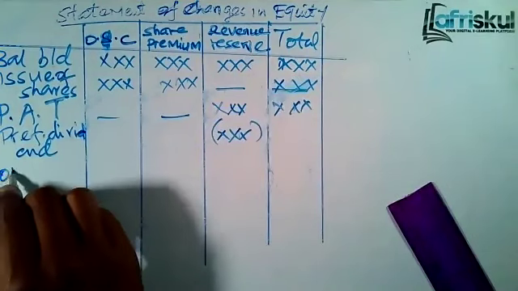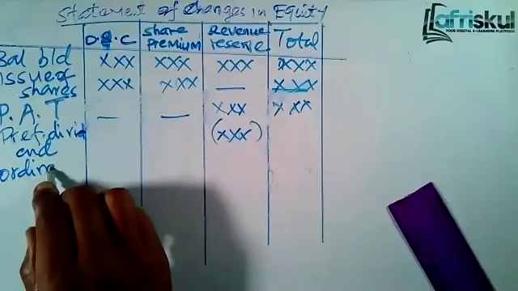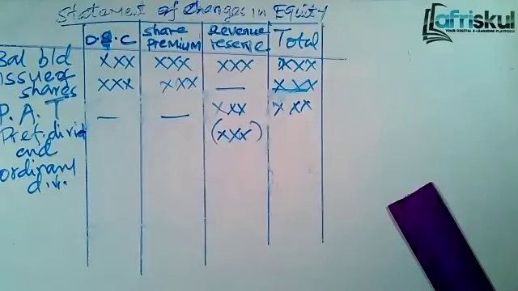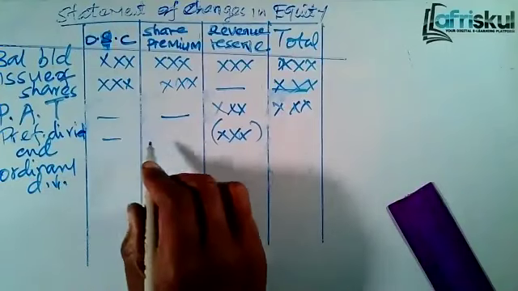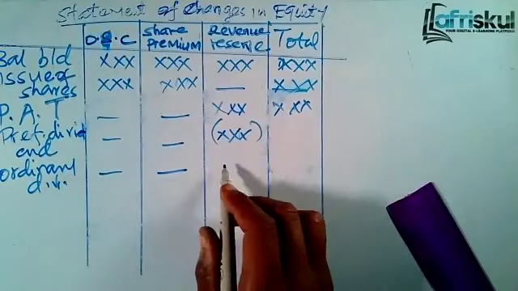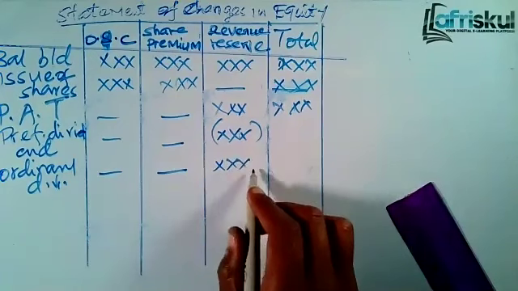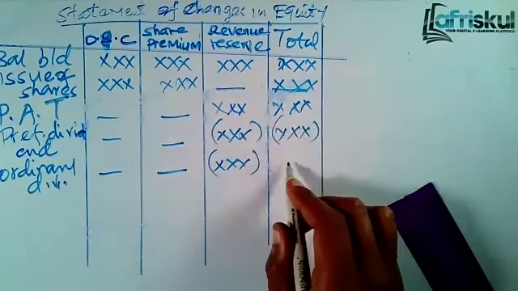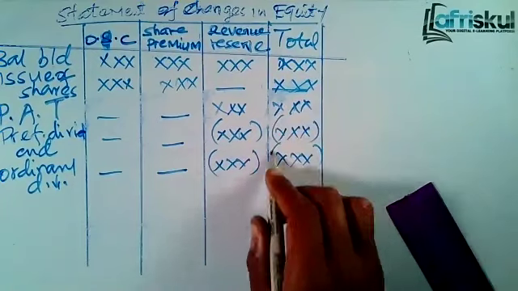The same case applies to the ordinary dividend. The ordinary dividends are as well reducing the revenue reserve.